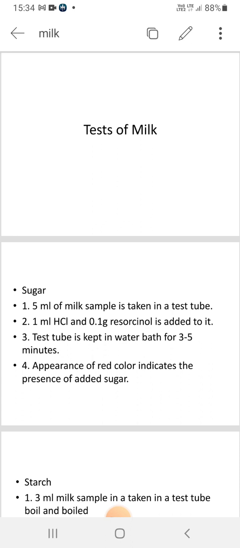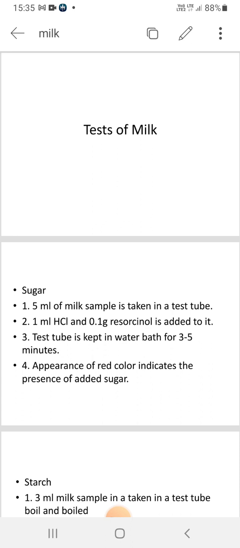Natural milk also contains urea, but added urea is for increasing the protein value. Like the ammonium sulfate is added to increase the lactometer reading, or like the boric acid is used. Boric acid is what? Boric acid is a preservative, so it is added to increase the shelf value of milk sample.